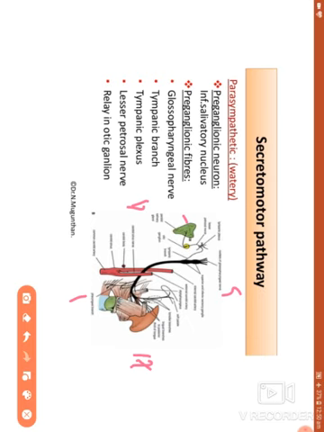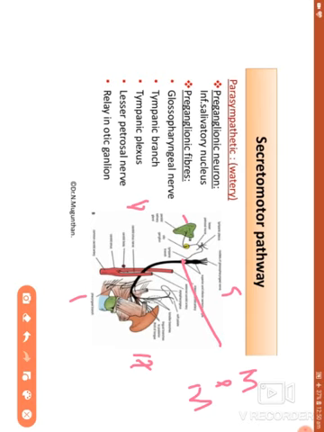You can see this is the inferior salivatory nucleus, that is from the medulla of the brainstem. So midbrain, pons and medulla, these are the parts of the brainstem. Brainstem, that is in the cranial cavity. Nuclei means collection of the cell bodies of neurons inside the central nervous system. Outside it is called the ganglia.